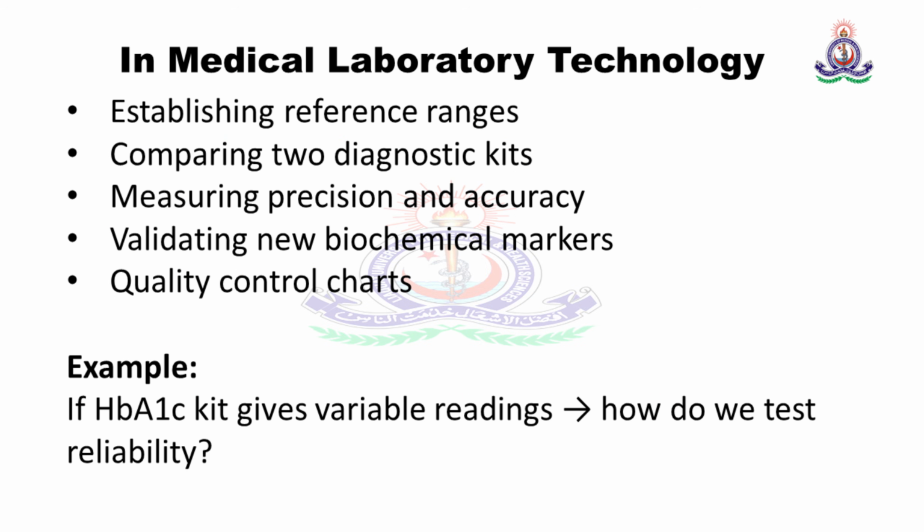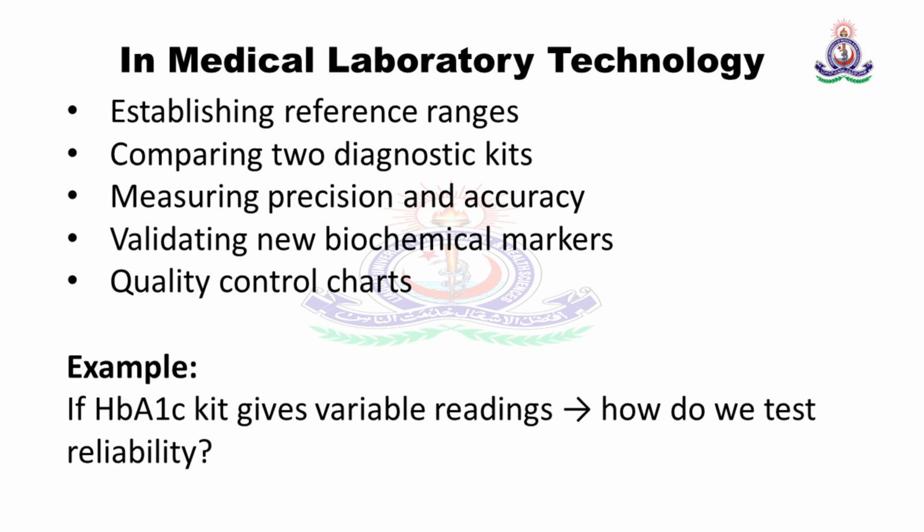In the lab, statistics is everywhere, establishing reference ranges for hemoglobin, glucose, creatinine. Those ranges don't fall from the sky, they are calculated. We compare diagnostic kits, measure precision and accuracy, validate new markers, and use quality control charts.